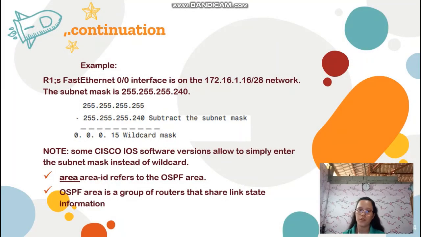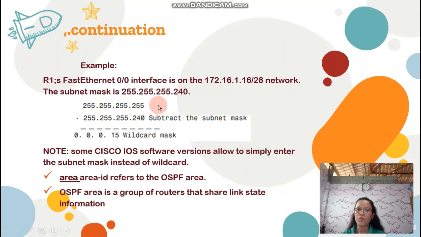For example, in Router 1, the FastEthernet 0/0 interface is on the 172.16.1.16/28 network. The subnet mask is 255.255.255.240.